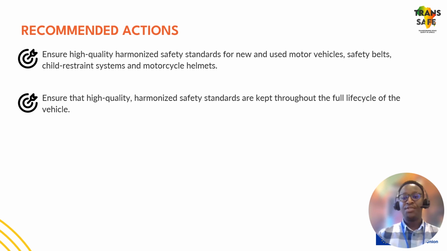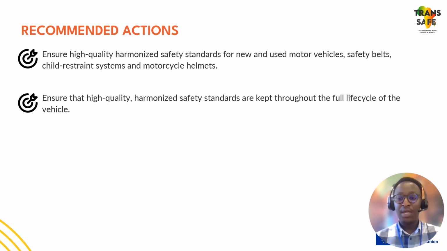The recommended actions under this pillar include: 1. Ensure high quality harmonized safety standards for new and used motor vehicles, safety belts, child restraint systems, and motorcycle helmets. This includes standards on electronic stability control to prevent skidding and loss of control in cases of oversteering or understeering, advanced emergency braking to reduce collisions, and many more. 2.